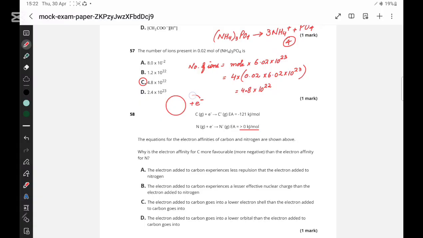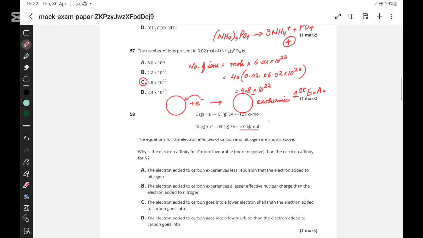When an electron has been added to it, a force of attraction is developing between the atom and the electron, so energy is released. So first electron affinity is always going to be exothermic. After it acquires a negative charge as well, because when an atom gains an electron, it acquires a negative charge.